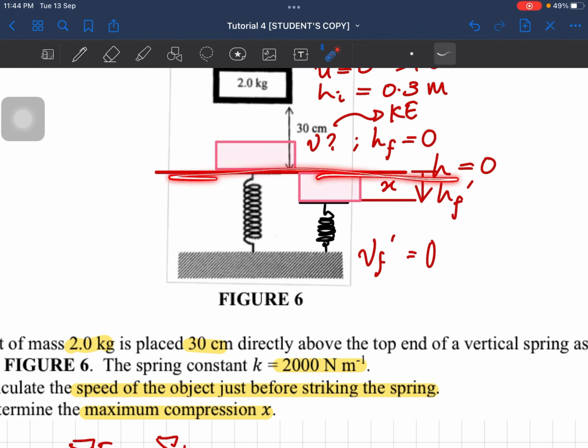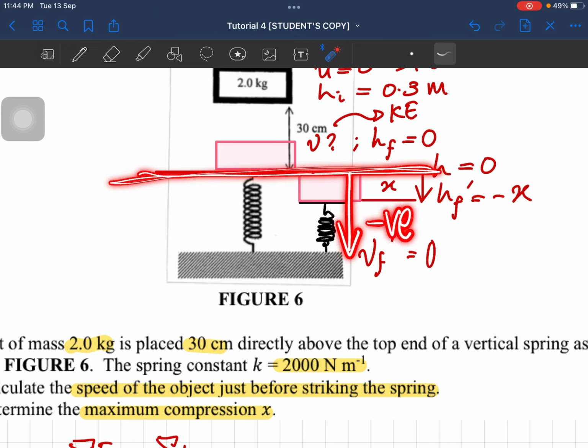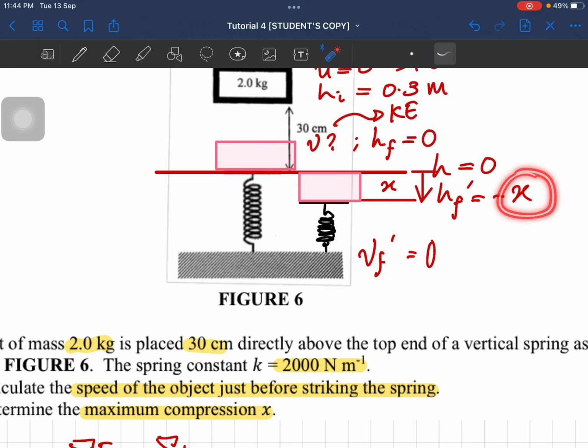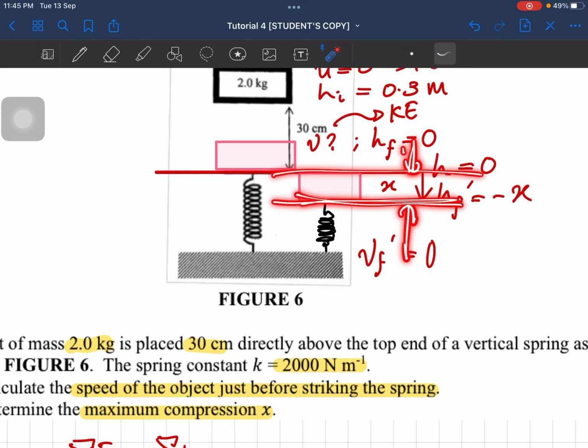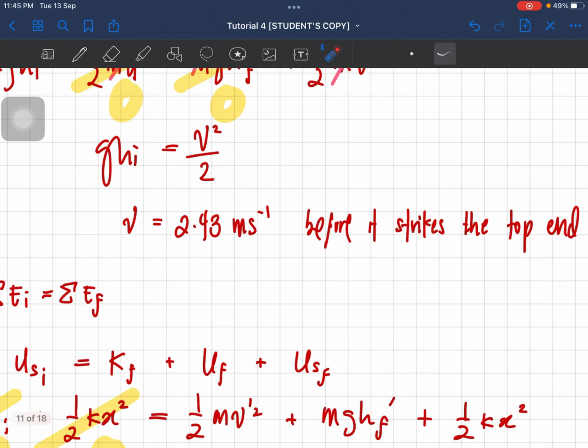From the reference point it is pointing downwards, so it should be negative x. Don't be confused about why negative: the reference line is here and this is pointing downwards, so it should be negative. And why x? Because the spring is compressed up until this point only, so our value of h follows the top end of the plate.